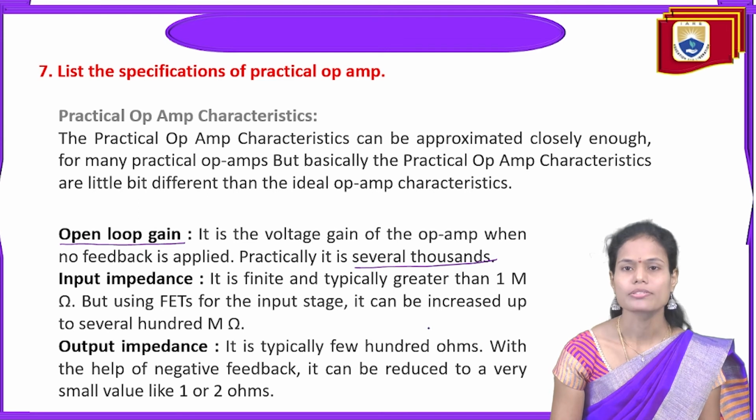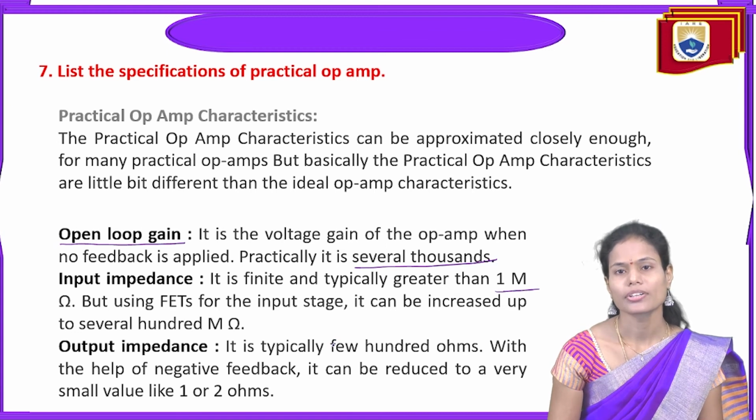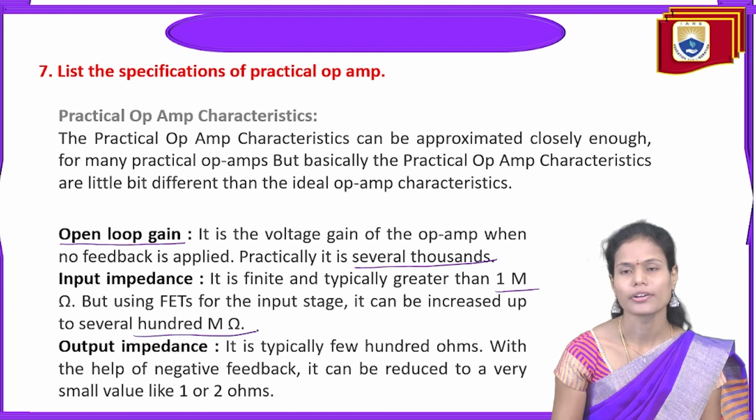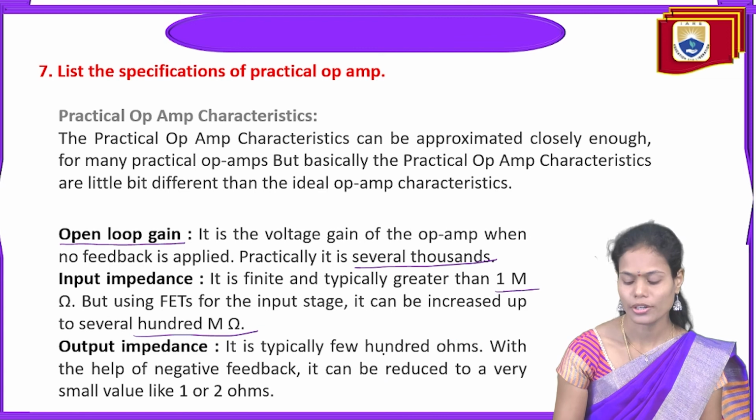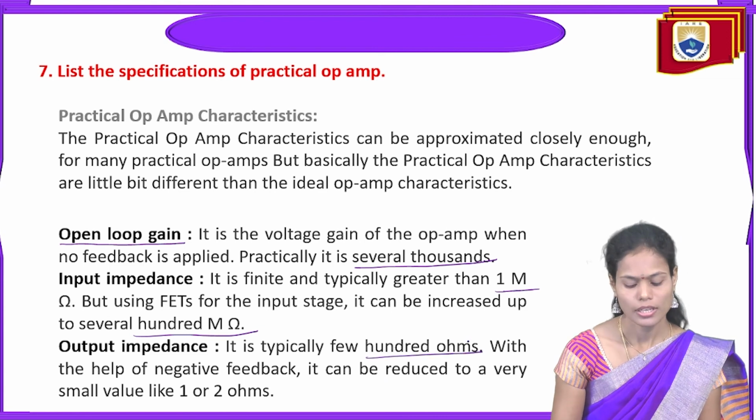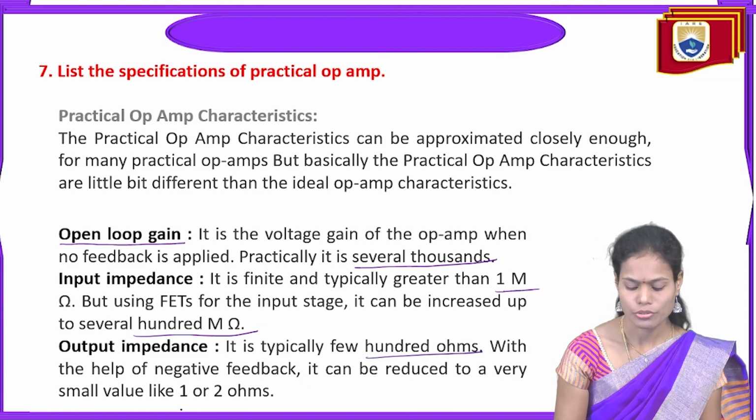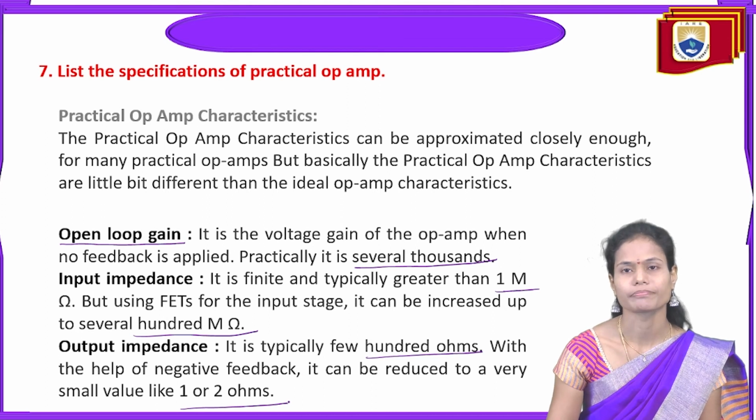And input impedance is finite and typically greater than 1 megaohm. But in field effect transistors, for the input stage, it can be increased up to several hundred megaohms. And the output impedance is typically a few hundred ohms in the practical case. With the help of negative feedback, it can be reduced to 1 or 2 ohms here.